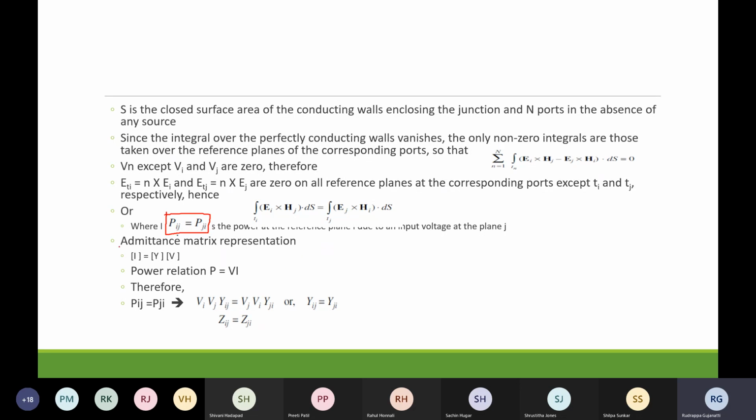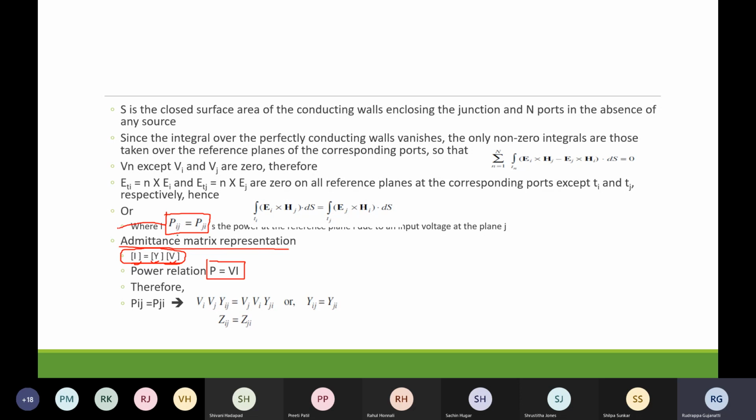Now when we consider the admittance matrix, it is represented as I is equal to Y into V, where all of these are matrices. I is a matrix, Y is a matrix, and V is a matrix. And we know that the power is related as P is equal to V into I.